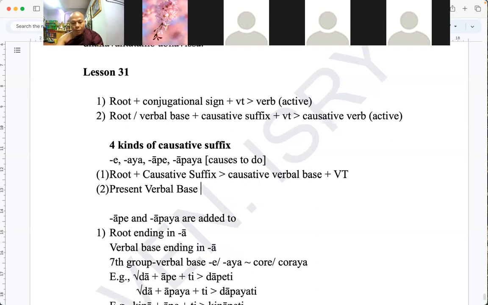To the present verb base, by adding the causative suffix, we have the causative verb base, or causative verb also.